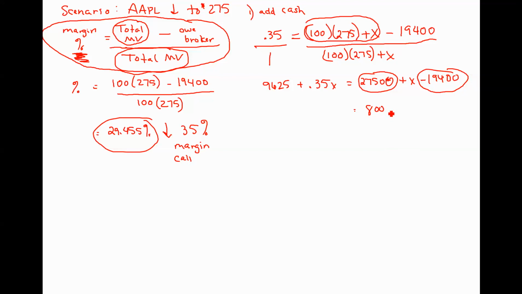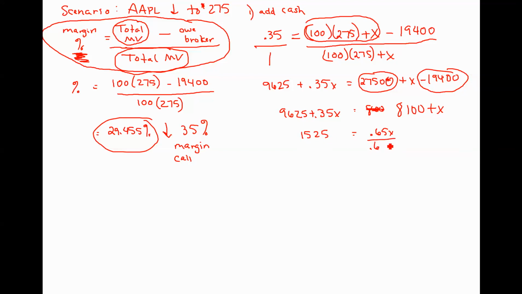Oh, I see a mistake that I made when I was crunching it the first time. So 8,100 plus x equals 9,625 plus 0.35x. I will bring the 0.35x over to the right hand side, so I've got 0.65x, and I'll bring the 8,100 over to the left hand side so that I've got 1,525.